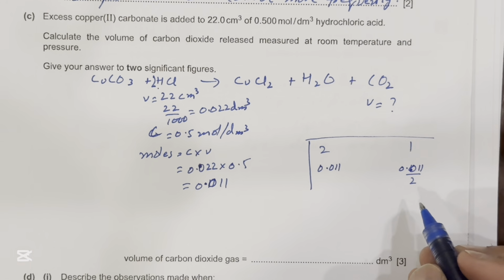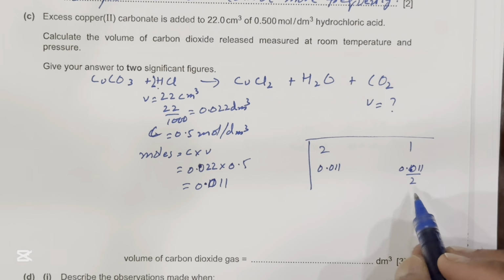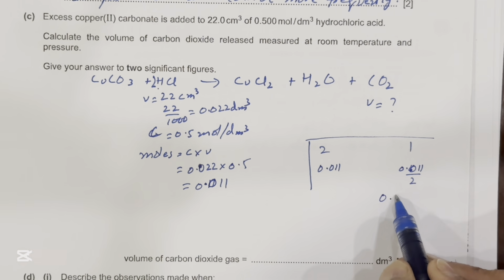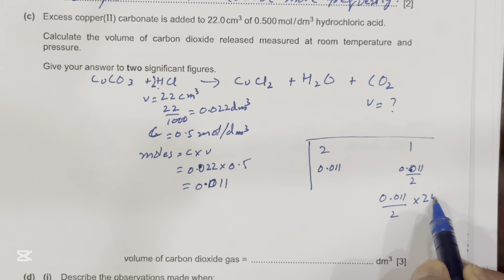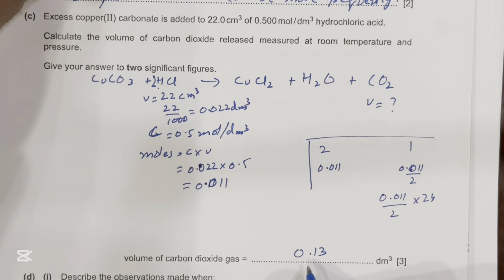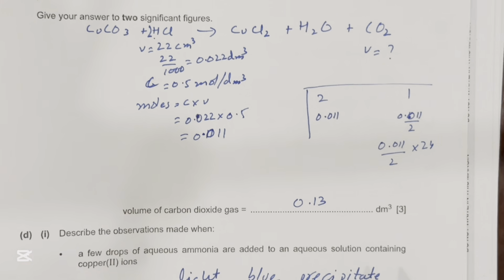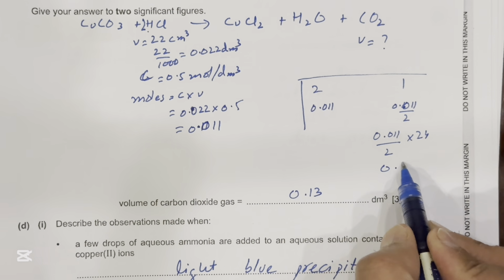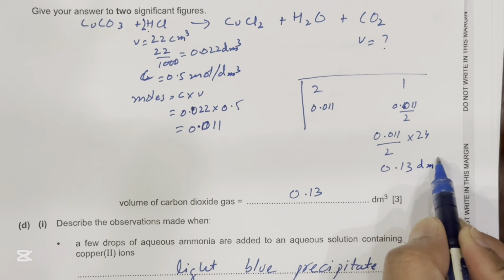To calculate the volume from moles, you need to multiply by the molar volume, and molar volume is 24 dm cube. So after multiplying, you get the answer that is equal to 0.13 dm cube. So this is your final answer, 0.13 dm cube.